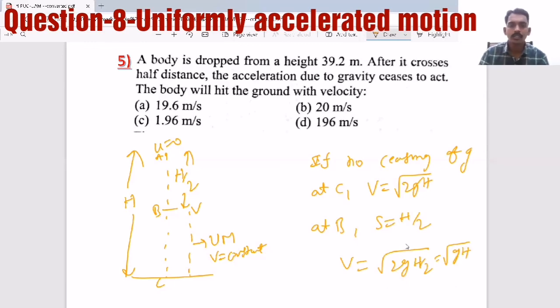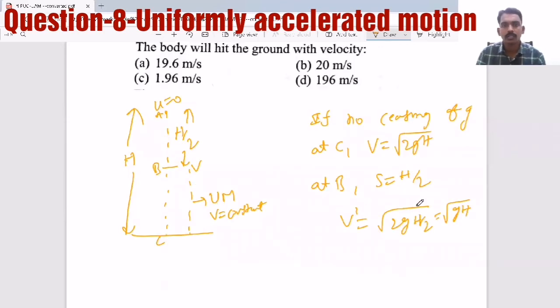Now H is there, g is there, g is 9.8. If they don't mention, take g as 9.8. If they mention to take 10, then take 10. Now you will get the velocity. This is v dash, but we want v. V is root 2gH.